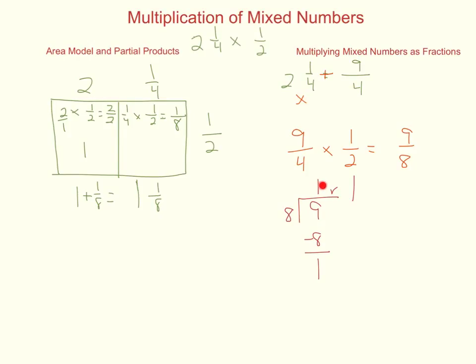Now to turn this into a mixed number, 1 becomes a whole number. The remainder becomes a new numerator, and all that goes over the denominator of 8. So as you can see, no matter which strategy you use, 1 1/8 is the answer that you will get for both problems.